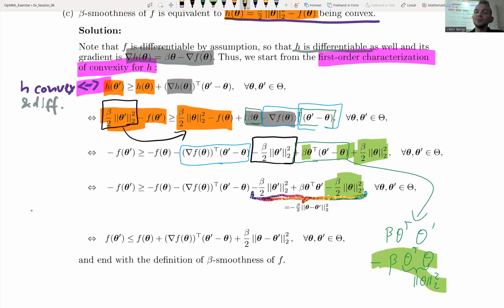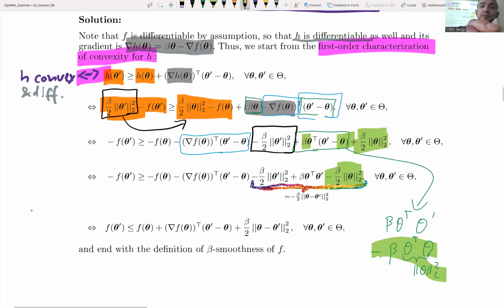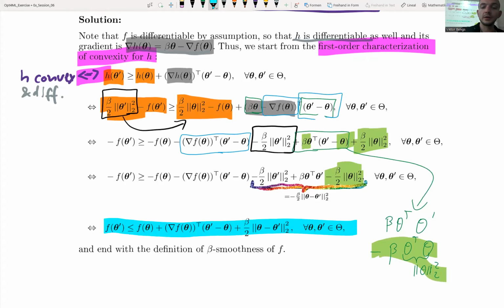What I did before with the rainbow colors will give you exactly that this minus beta half squared Euclidean distance between theta and theta prime can be written as the difference, or the sum, however you want to call it, of these three terms. And we end up with the definition of beta smoothness if we multiply with -1 on both sides.